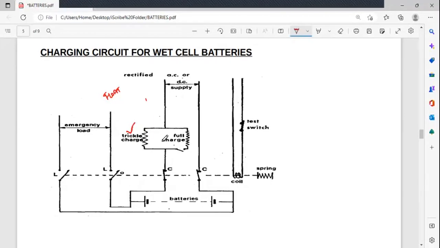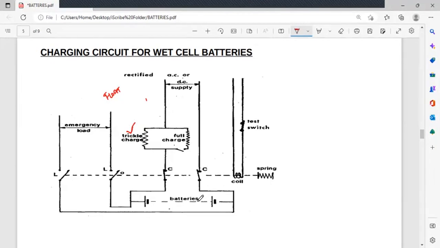Now, what is trickle charge? During your charging process, you have to be supplying voltage to your DC battery or to your bank of batteries. So a current is going to be flowing, a charging current.